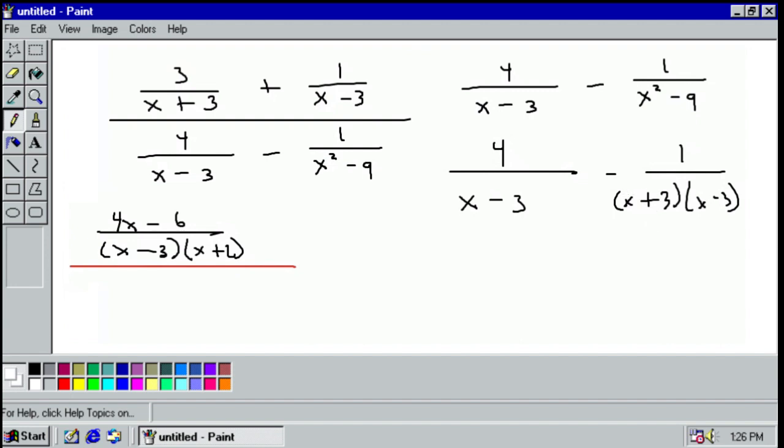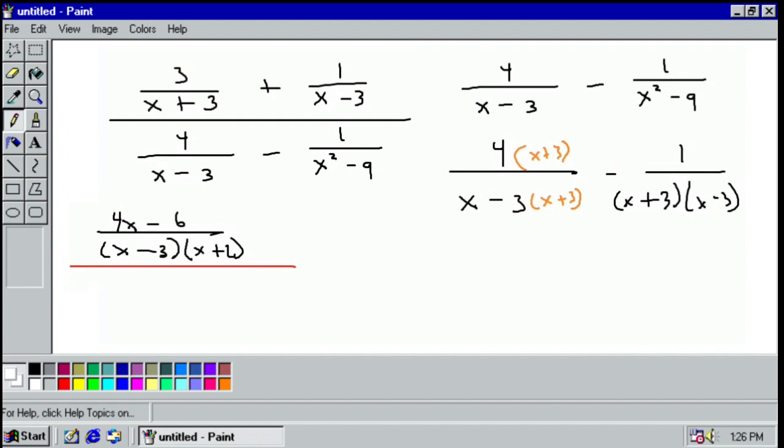Now since we don't have x plus 3 on this part, but we have x minus 3 on both parts, we're just gonna multiply both parts by x plus 3. Don't forget, the denominator also needs to be multiplied the same so that the values don't change.